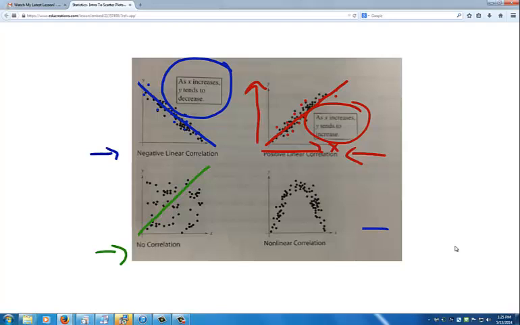Lastly, on the lower right, we have a nonlinear correlation. There does appear to be some sort of association between the variables x and y on our graph, but as you can see, it's not linear in form. Therefore, a standard linear regression model would not be the best model to represent this data.